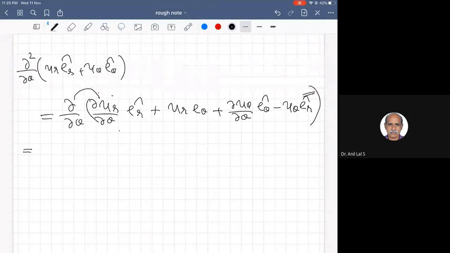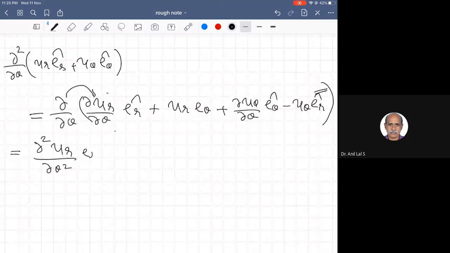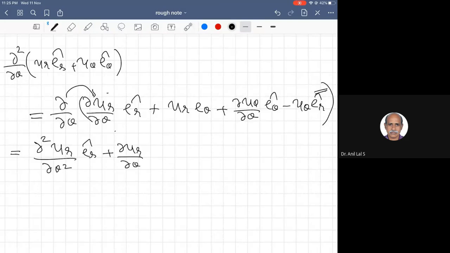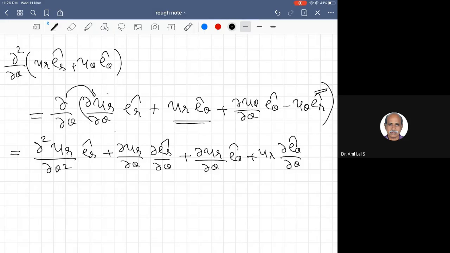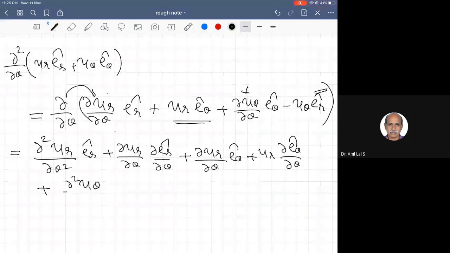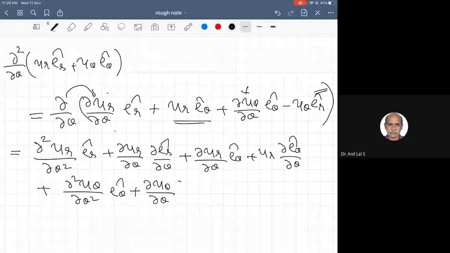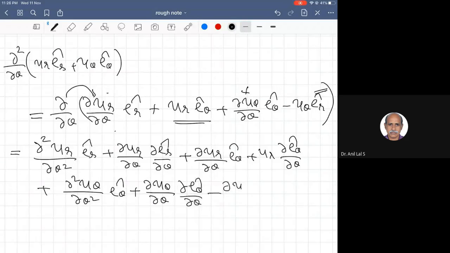So again, this will become dou squared ur by dou theta squared er plus dou ur by dou theta into dou er by dou theta, plus dou ur by dou theta e theta outside, plus ur into dou e theta by dou theta, plus dou squared u theta by dou theta squared e theta plus dou u theta by dou theta into dou e theta by dou theta, minus dou u theta by dou theta into er, minus u theta into dou er by dou theta.